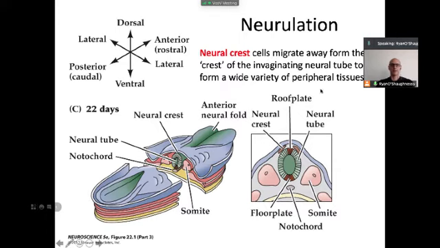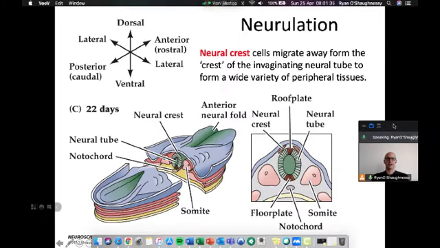So remember, a process of neurulation where we get the closure of the neural tube and its separation from the epidermis. Well, the last part that separates from the epidermis are those neural crest cells. So this is in primary neurulation.